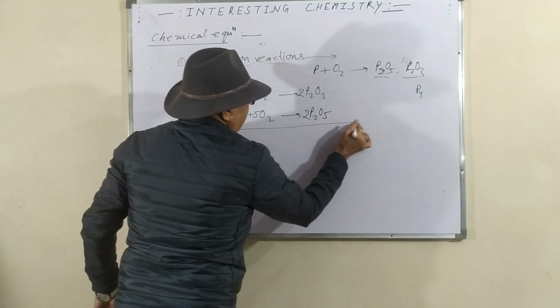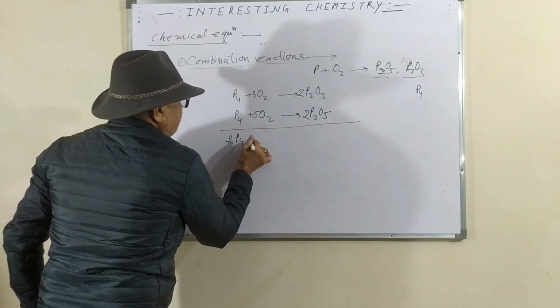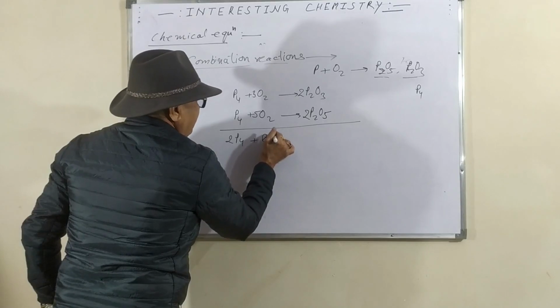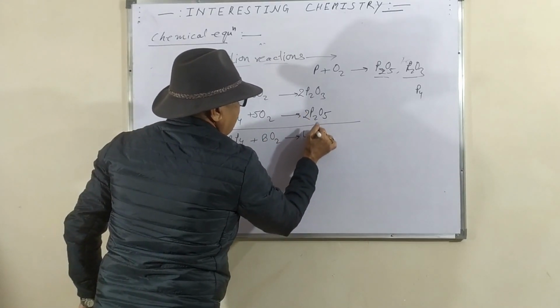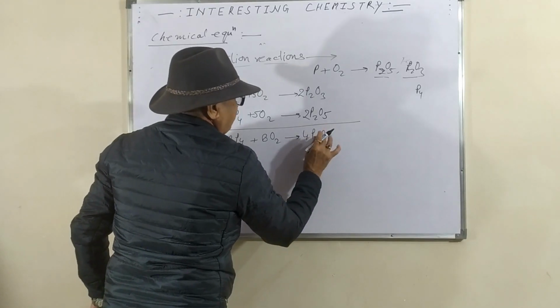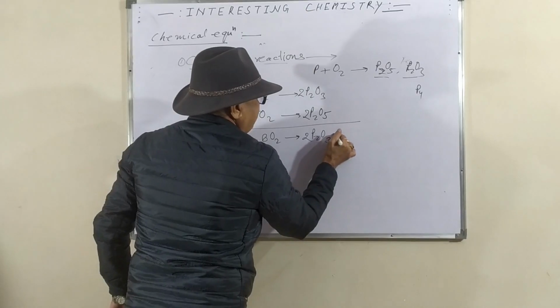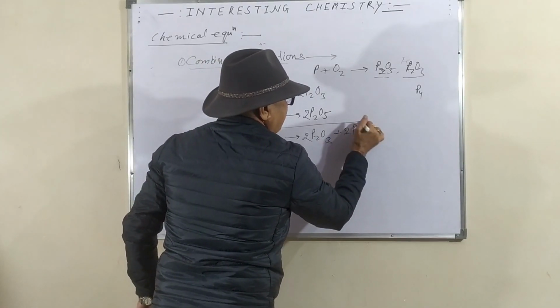Again, you will write 2P4 plus 8O2 gives 2P2O3 plus 2P2O5.